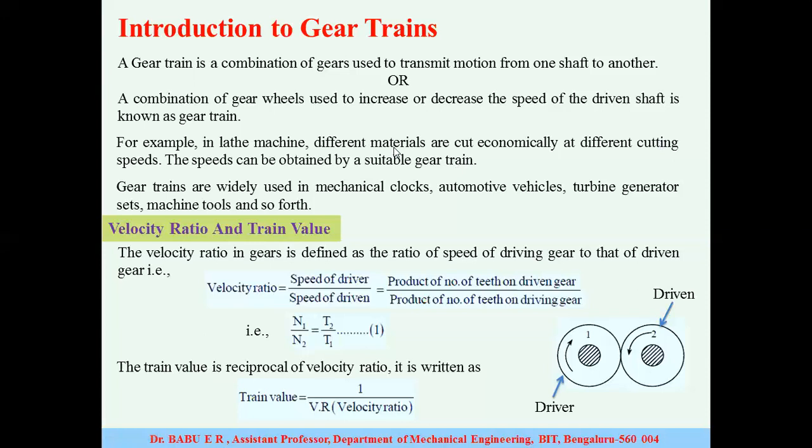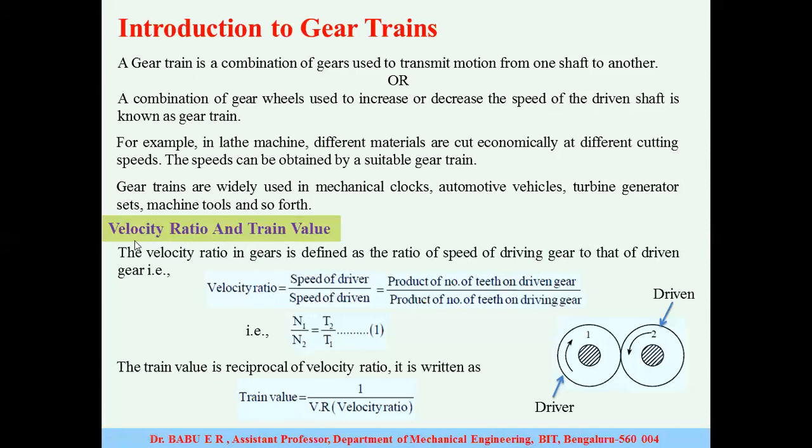This is possible only because of the gear train. Gear trains are widely used in mechanical clocks, automotive vehicles, turbine generators, machine tools, and so forth. Wherever you have to increase or decrease the speed, we have to use gear trains.